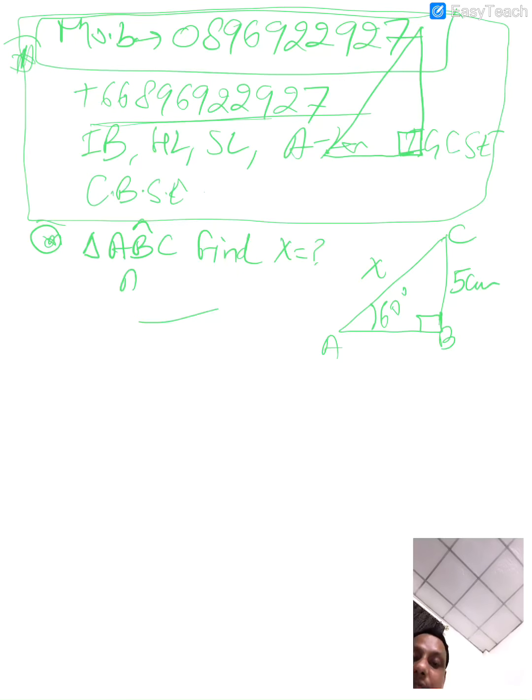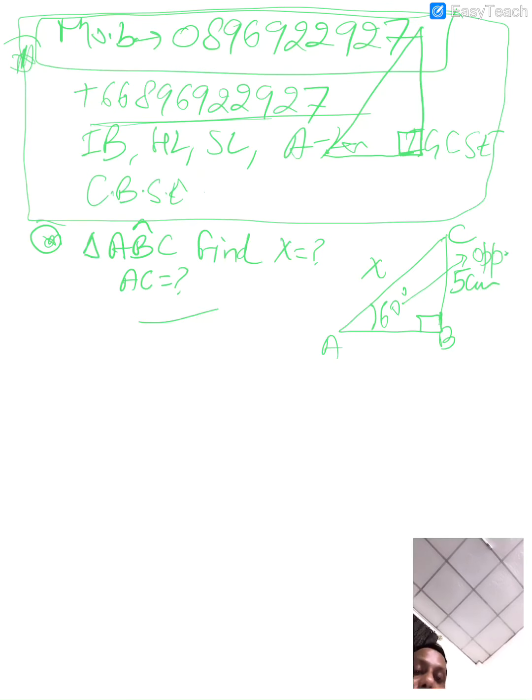X means you want to find the value of AC if BC is given as 5 centimeters. As I told you, in front of the angle is called opposite, and in front of 90 degree is the hypotenuse.